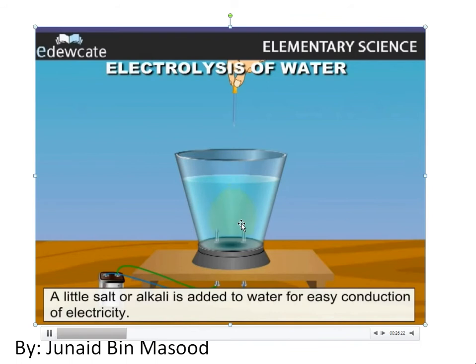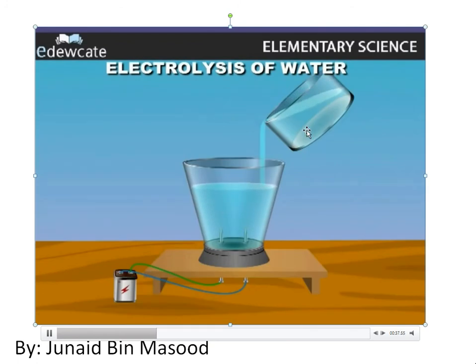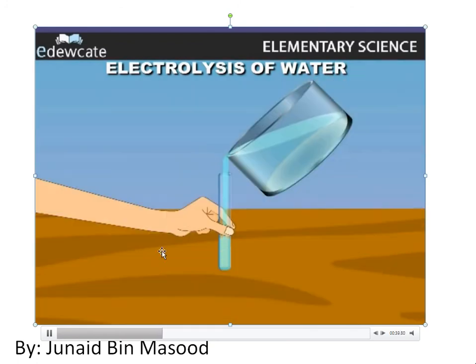So for making it more conductive, you will add a little salt or alkali for best conduction of electricity. Now you mix it. We're adding a little bit of alkali or salt in it and filling the water inside.